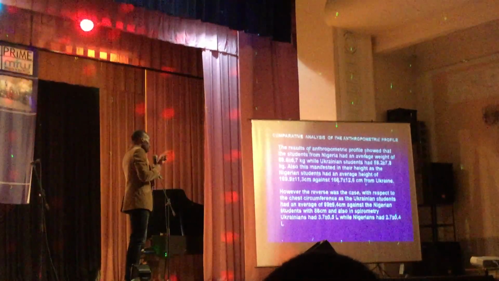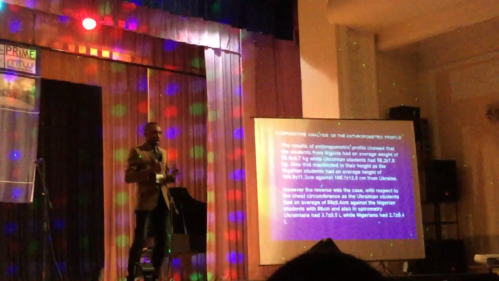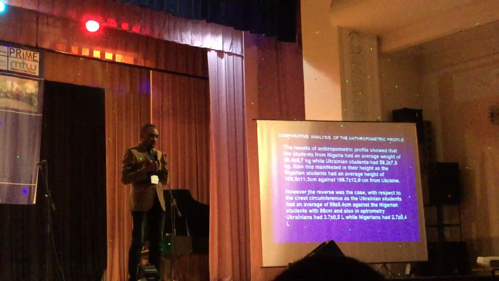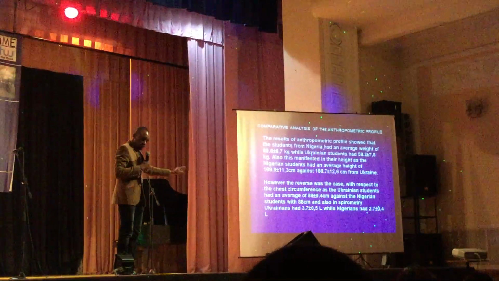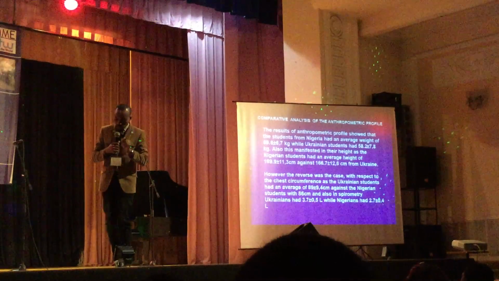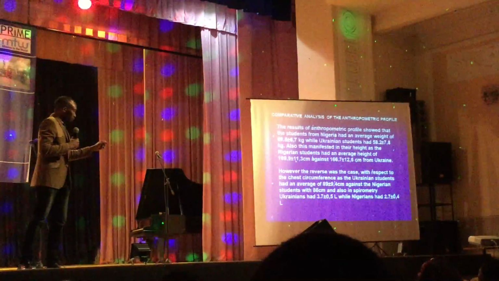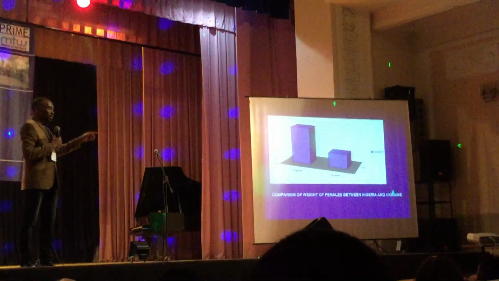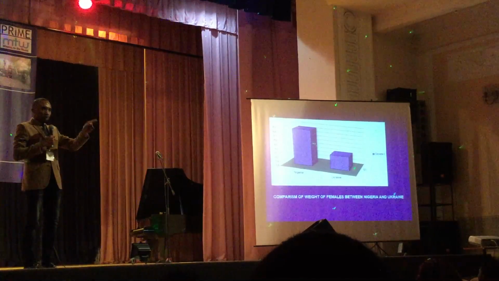But we see a difference when it came to the issue of chest circumference. We are tall, but not broad-chested, unlike the Ukrainian students that are averagely tall, but broad-chested. And when the result of the clinical orthostatic, Gensch and Stange tests came out, we discovered that the Ukrainians had better adaptation to stress compared to the Nigerian students.